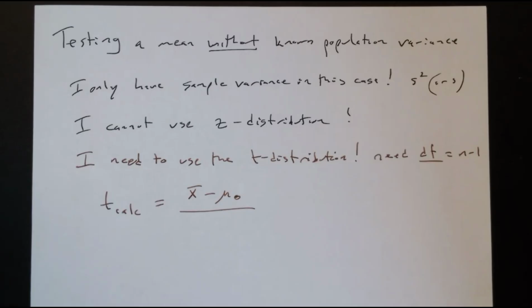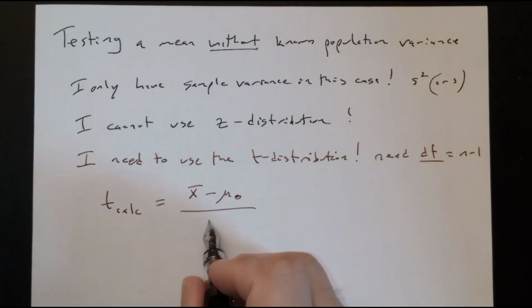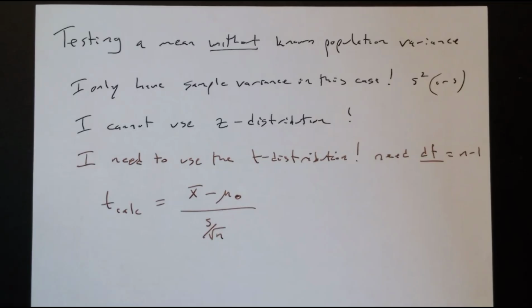The same standard error. The only difference now is instead of sigma, it's S. It's the exact same formula with one change. And that means that instead of a Z critical value, I have a T critical value.